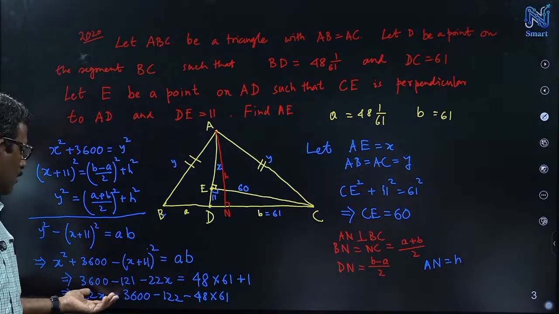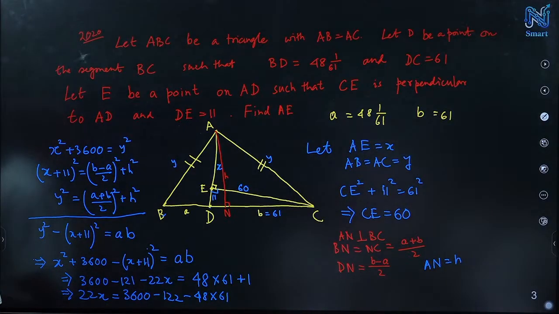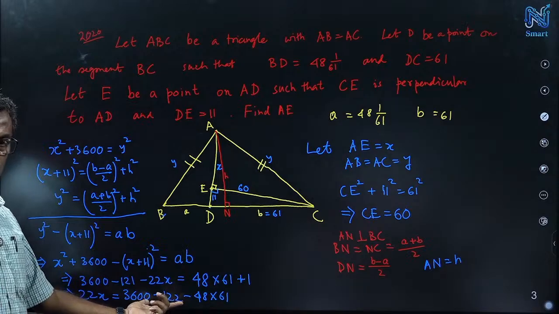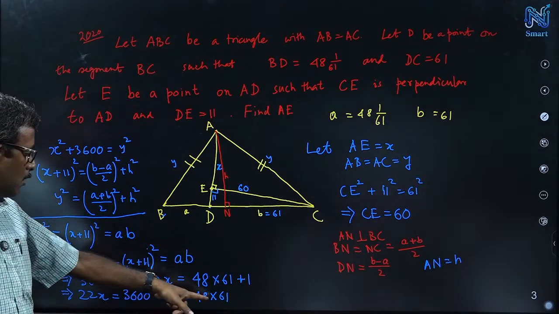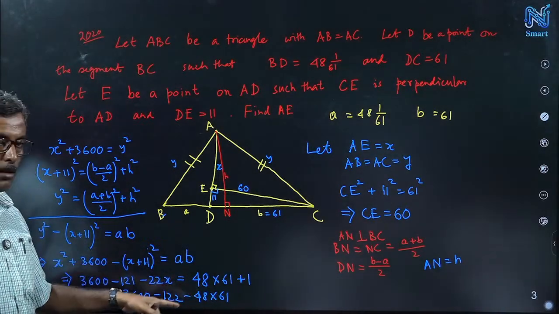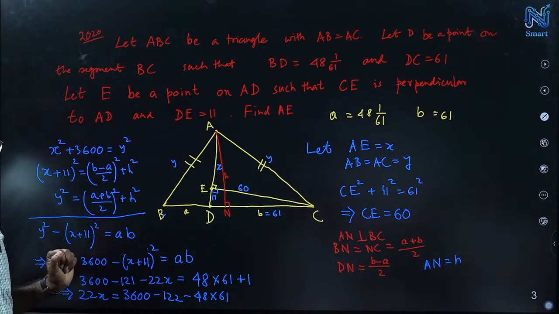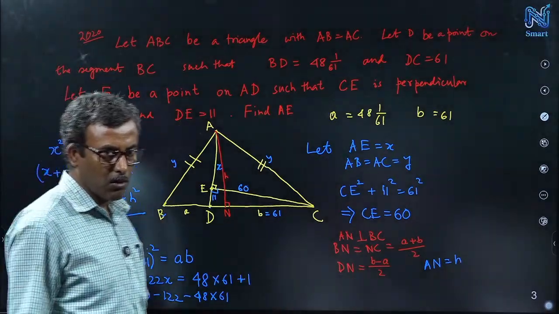So you have to just find these values. Final answer, divided by 22, right? Then plus 122 and then subtract from 3600.